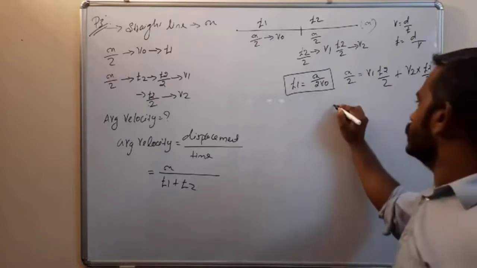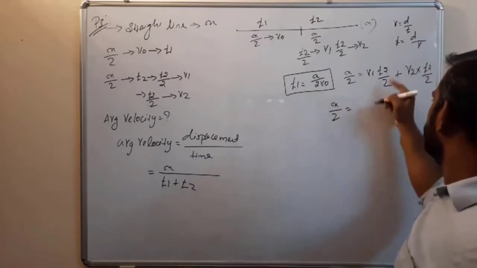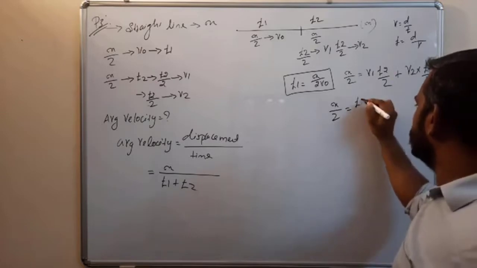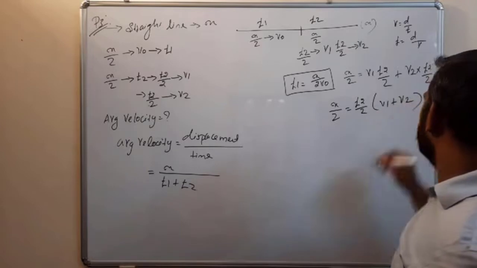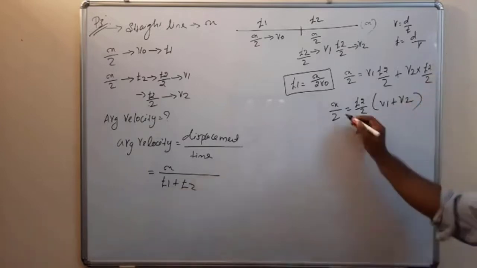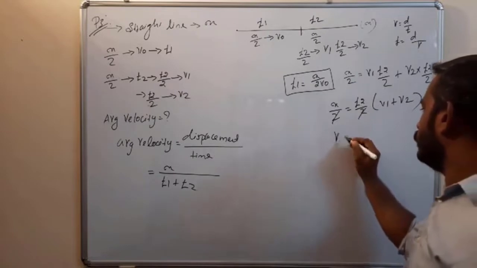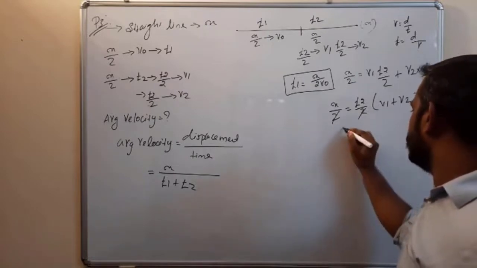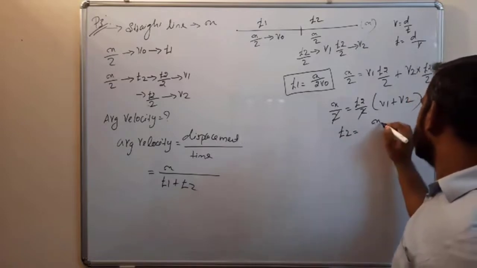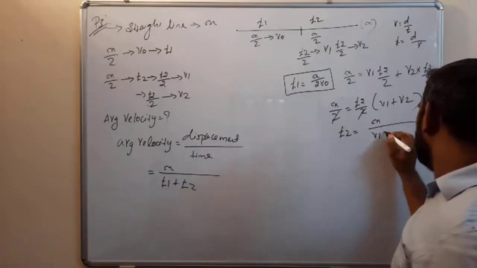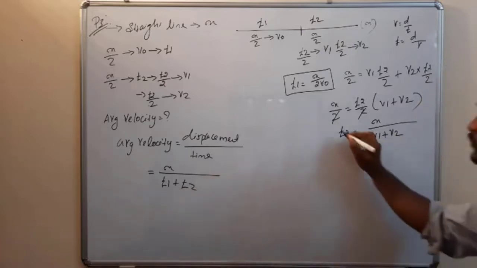So x by 2 is equal to, taking t2 by 2 common outside, t2 by 2 times v1 plus v2. So these two cancel. So time t2 is equal to x divided by v1 plus v2.